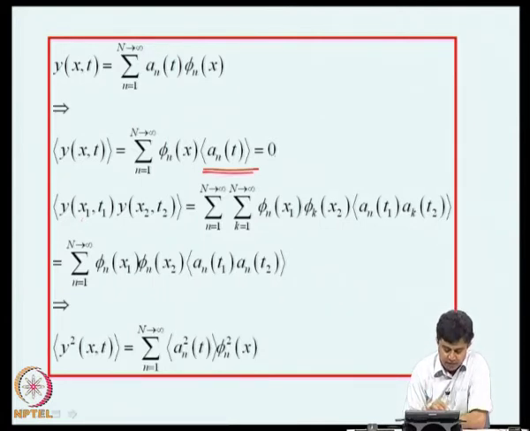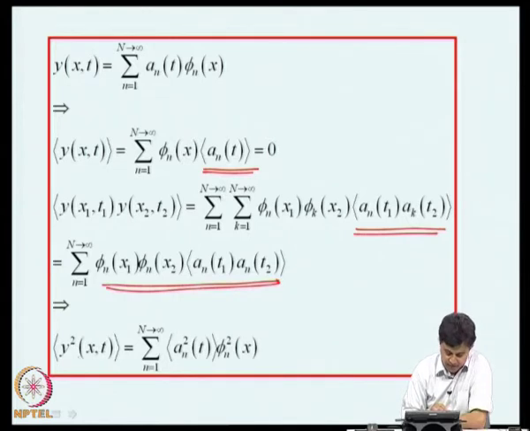You now want covariance between response at x1 and x2, we get this double summation, but we have already seen a n of t1 and a k of t2 are uncorrelated. So, this collapses to a single integral, and if you are finding variance of the response, it consists of some kind of weighted sum of variance of individual generalized coordinates.